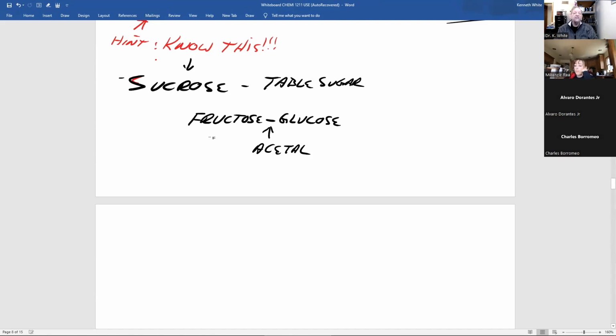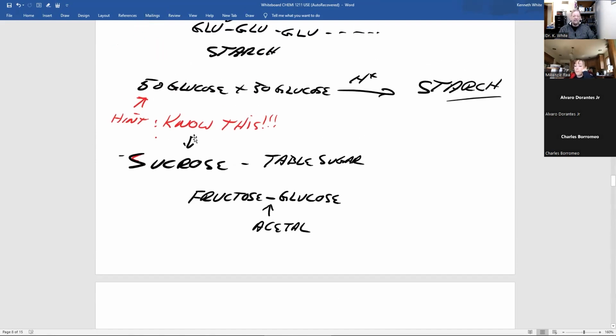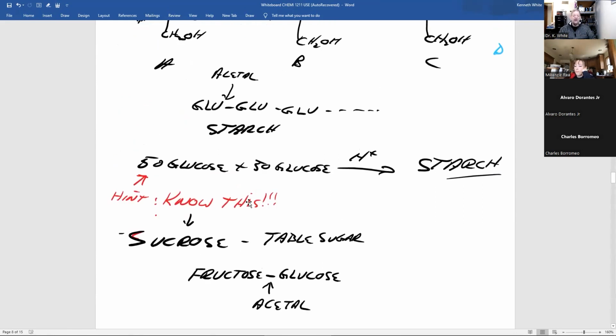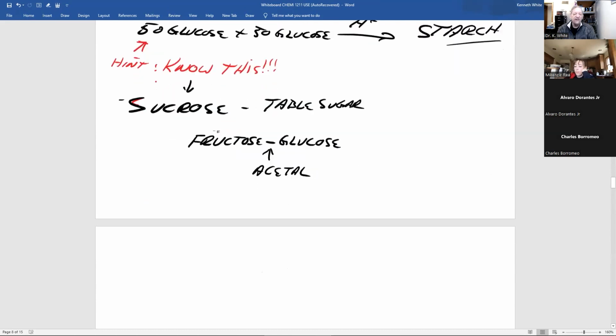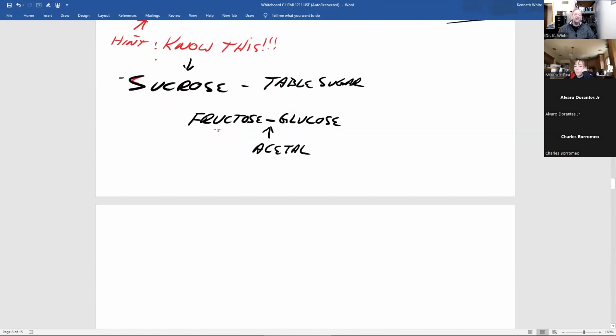All right, so we now know that starch is many glucose molecules bonded together in an acetal bonding or linkage. And we now know, or you know, because I already knew this, sucrose is fructose and glucose bonded together in an acetal linkage.